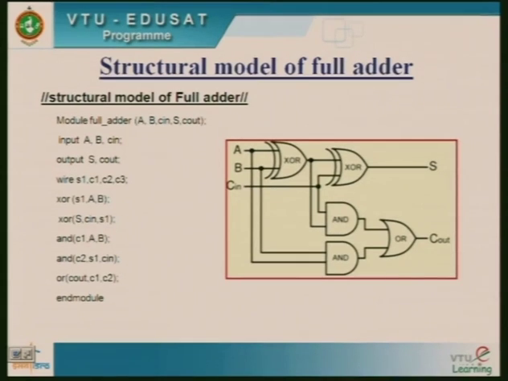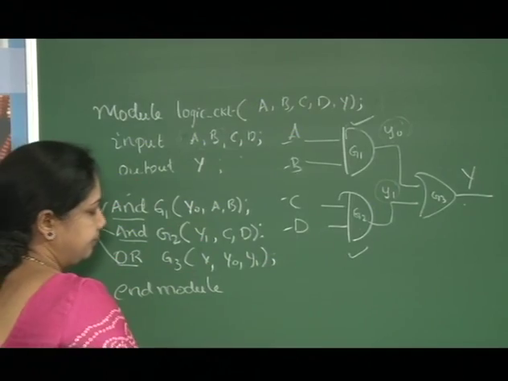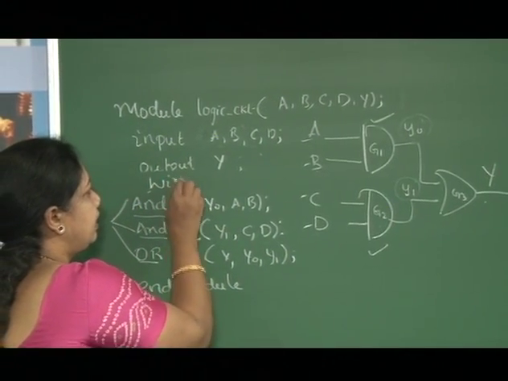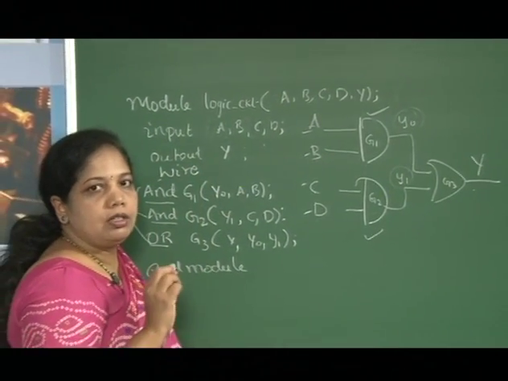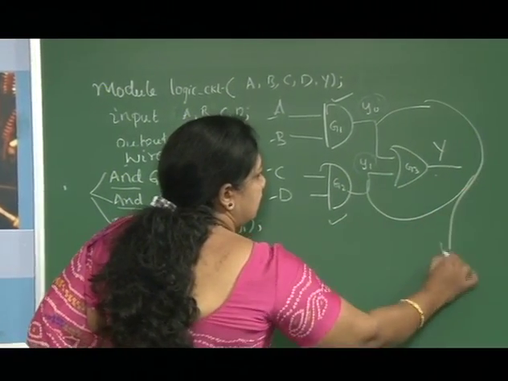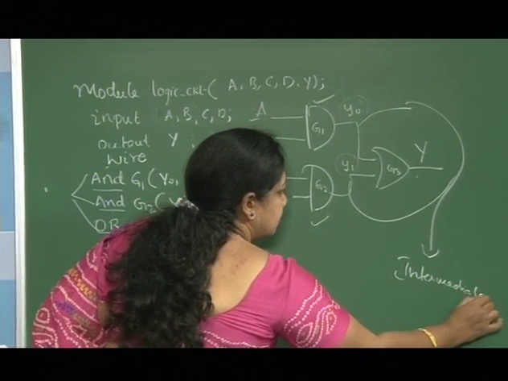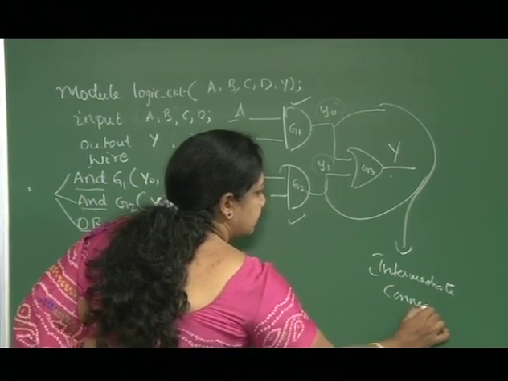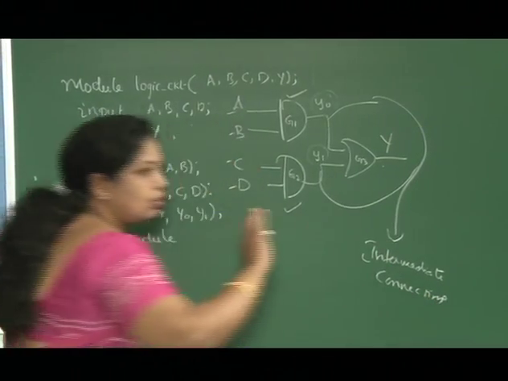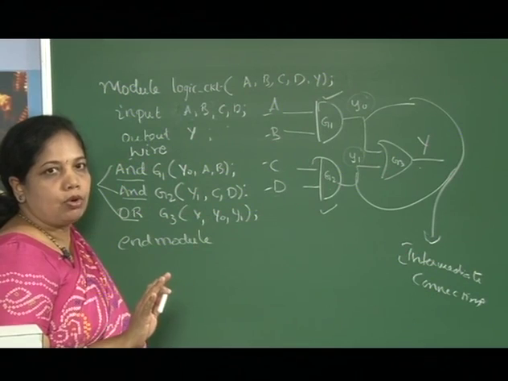In the previous example also, it will never identify Y0, Y1 unless I write wire over here. So what is this wire? This is nothing but intermediate connections which are not visible, which are not declared in the module port list.